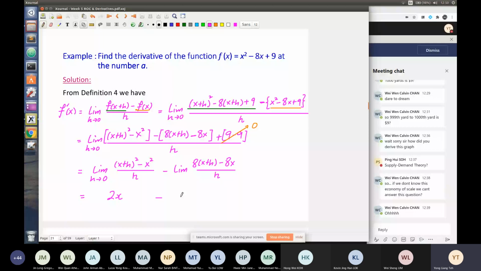You are left with 8h over h, because this 8x will minus away this 8x. Once you're left with 8h over h, you can divide the h away, so you're left with 8. But what's the limit of a constant? 8.